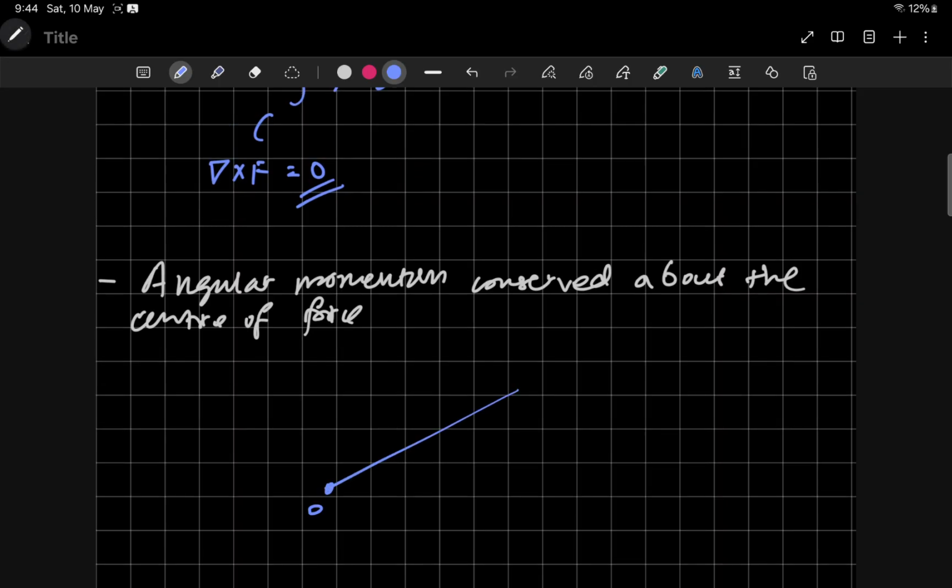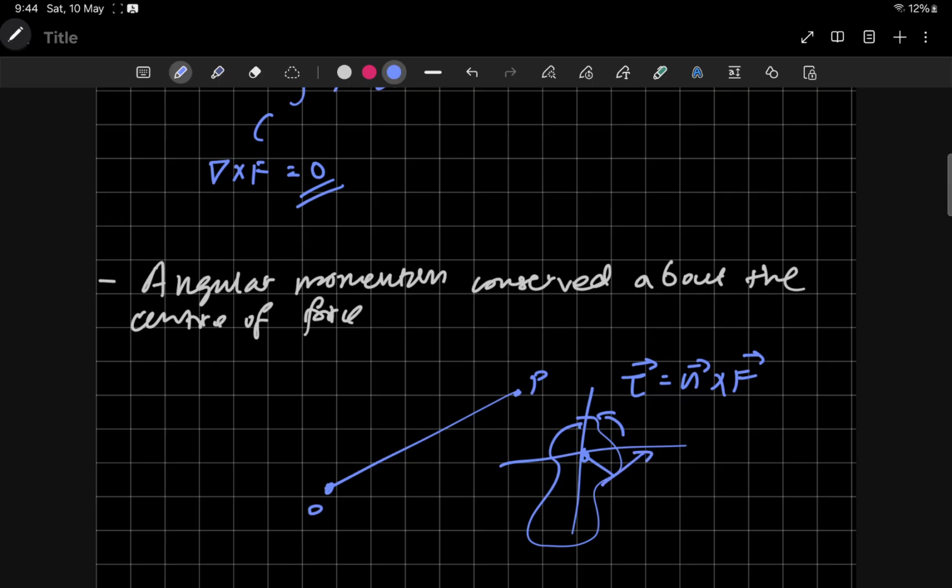So you have an origin, and then you have a point P, and your torque is going to be R cross F. This comes from basic mechanics. Torque is the product of, you have a body pivoted about this point and it's rotating, and you have a perpendicular force, and R is the distance between the line of action of the force and the axis of rotation.